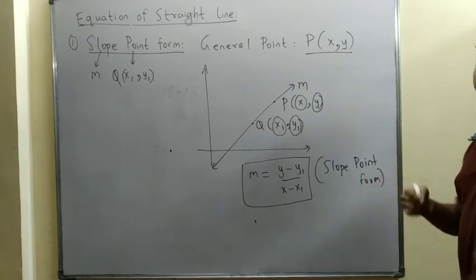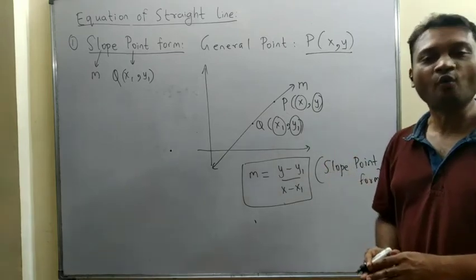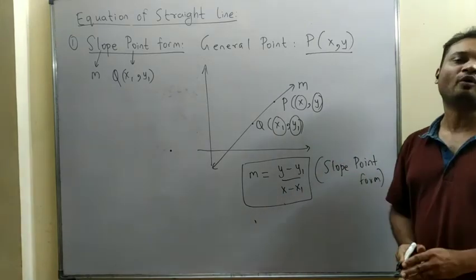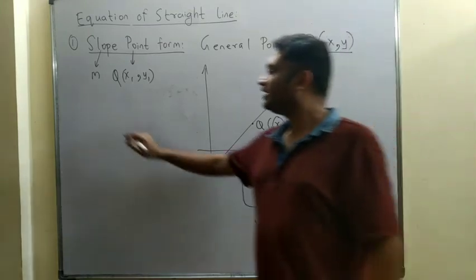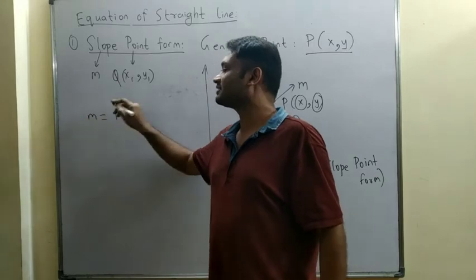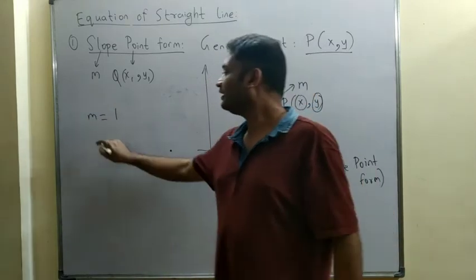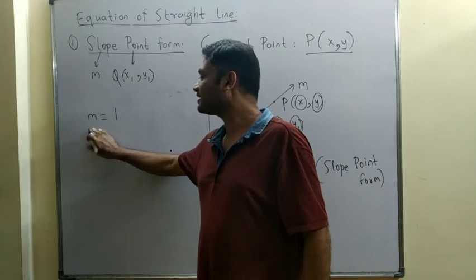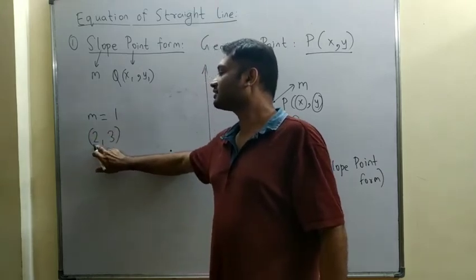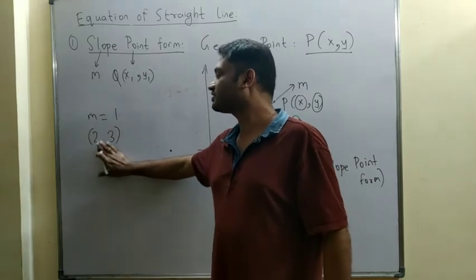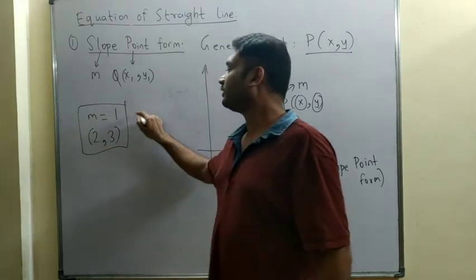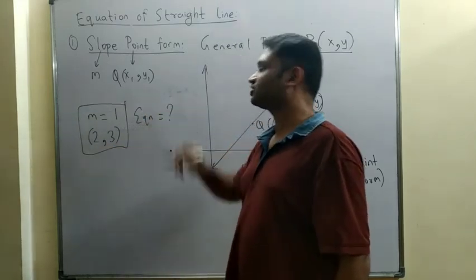Let us take an example to understand how we use this formula for equation of straight line in slope point form. Let us take the example of a line whose slope is, let us say, 1, and it passes through a point having coordinate 2, 3. What is the equation of this straight line?